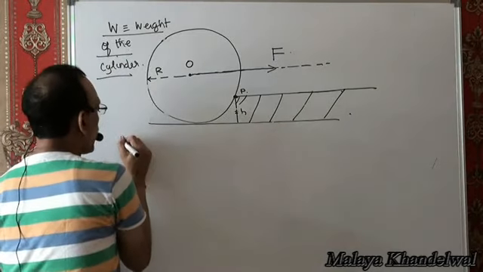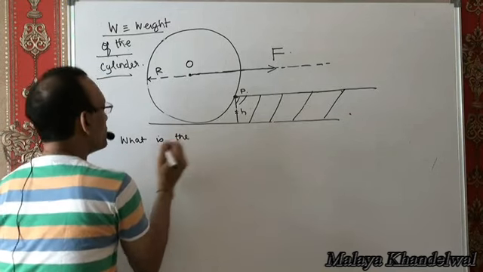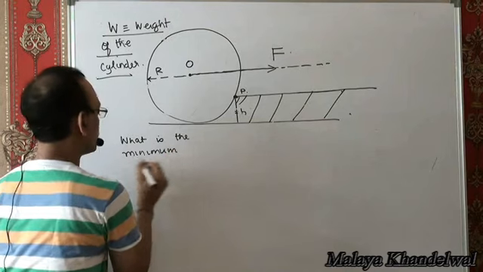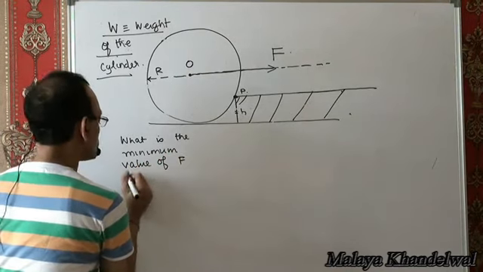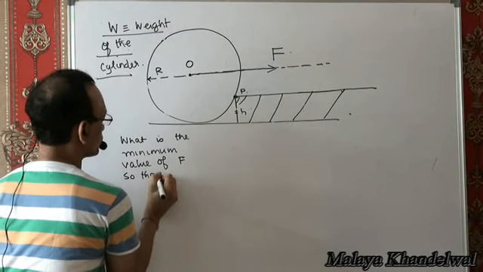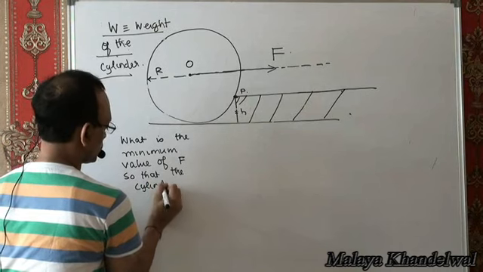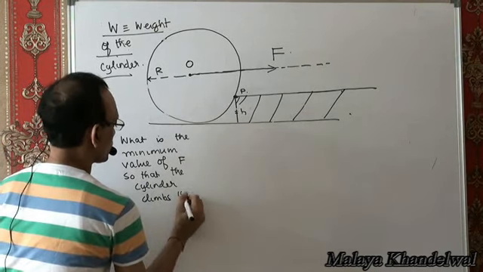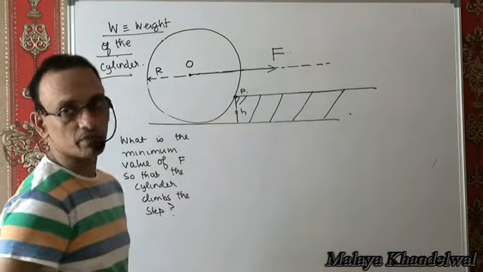Now, what is the minimum value of F so that the cylinder climbs the step?